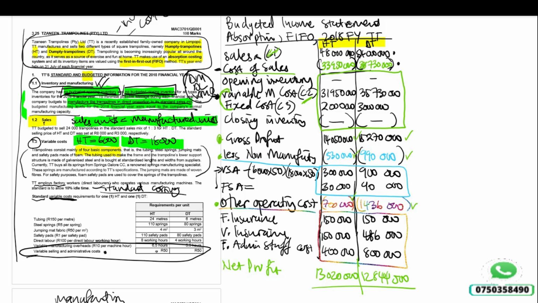In this case, it was this part here, 1.2. So I only have to read 1.2 to be able to calculate my sales. There is no need for me to read the whole question, because by the time I get to the last statement, I would have forgotten everything. So this is how you work with an absorption costing statement.